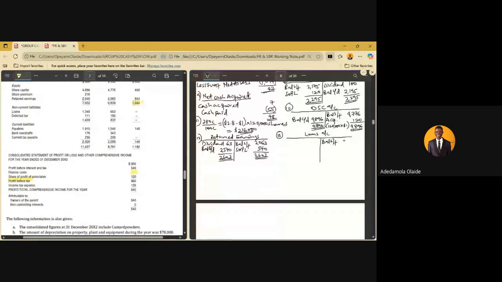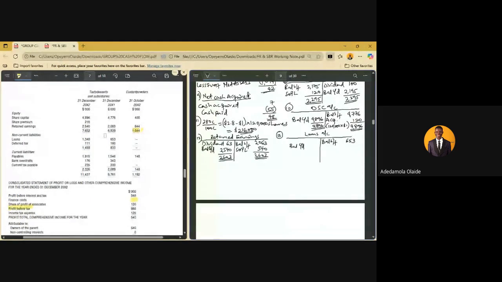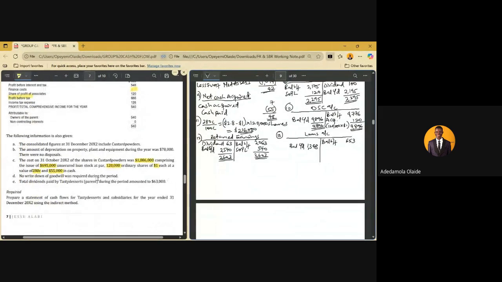Balance brought forward 653. Balance carried down 1348. Okay. So there was a loan issued for the acquisition, 695. Say acquired 695. And then we add it up.